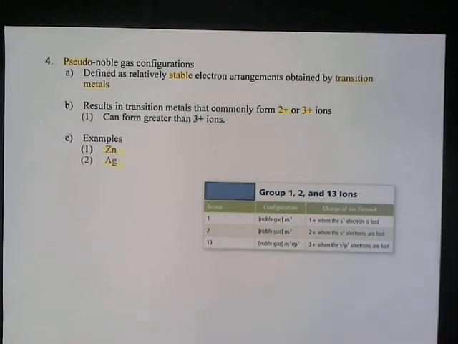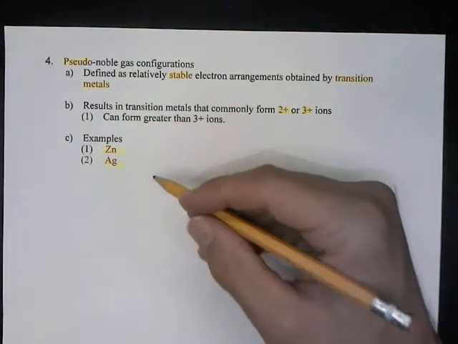They're a little bit tricky, and we'll talk about that when we get to naming. So our examples here are zinc and silver. When zinc and silver form an electron configuration that matches or is as close to the noble gases, what they do is this.